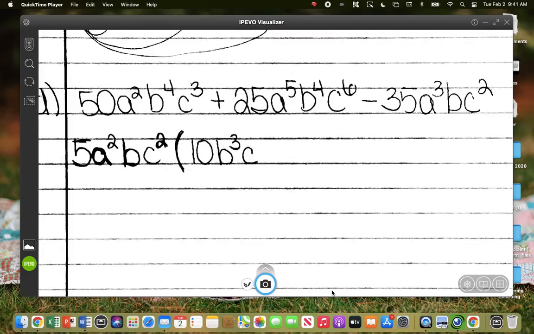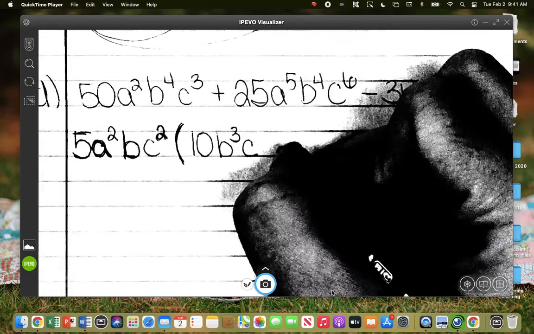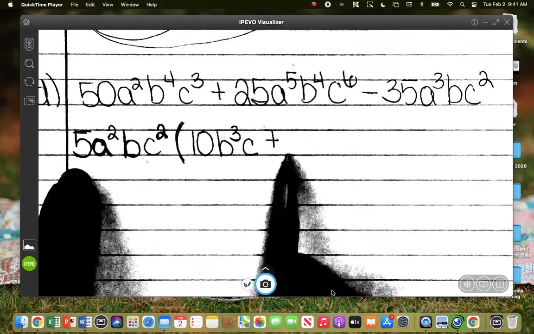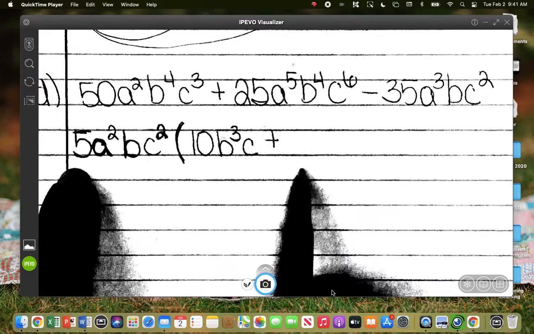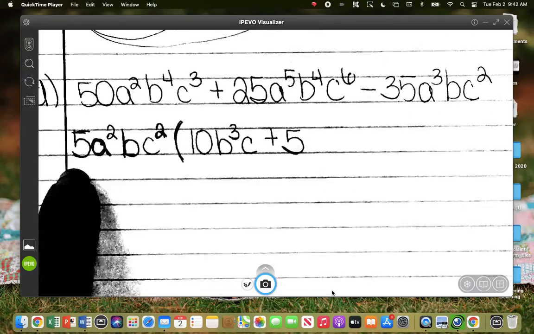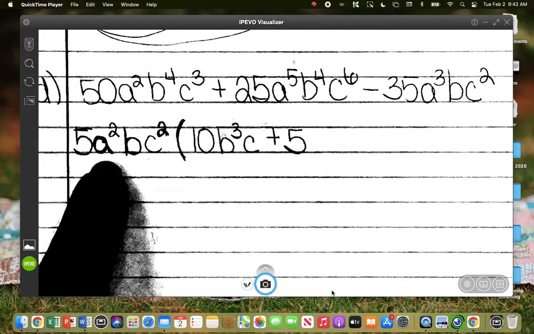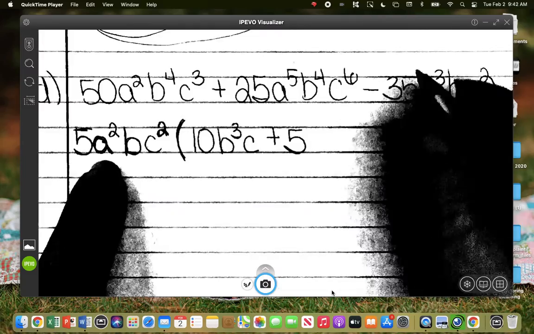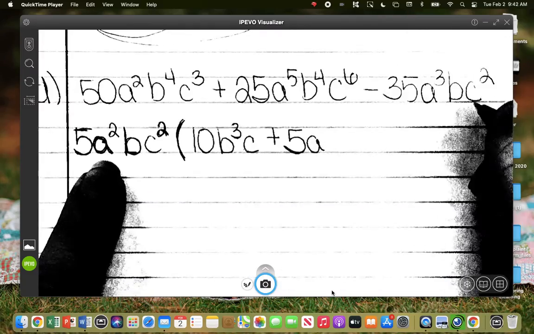Now for the second term, we're trying to multiply that exact same thing on the outside, but this time we need 5 times something to be 25. So what's my coefficient? 5. I already have a squared on the outside, but I need it to distribute to make a to the 5th, so I need a to what power?